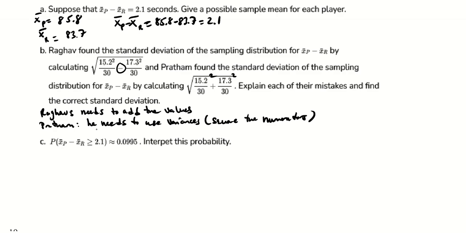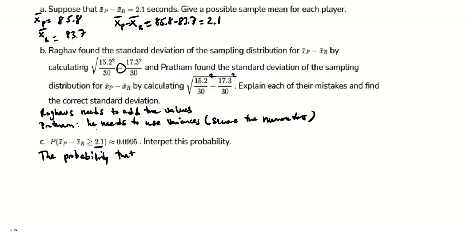Okay, now the probability is approximately 0.0995 if you were to calculate that. Interpret that probability. Okay, so the probability, and you're doing the mean difference in the times, right? That the mean from Pratham is greater by 2.1 than the mean of Raghav's times, right?